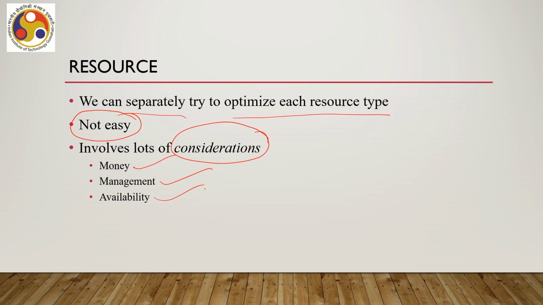Availability, whether we can avail the resources before we use them. Even policy issues, whether some policy allows us to use the resources, and geopolitical issues may also play a role in the availability or affordability of the resources. So, all these can be considered for resource optimization.